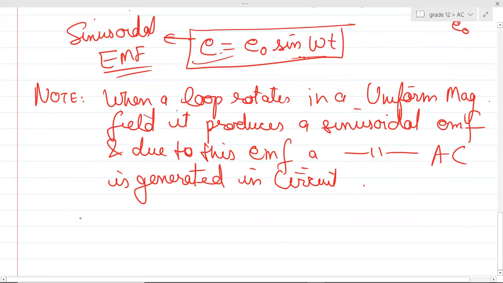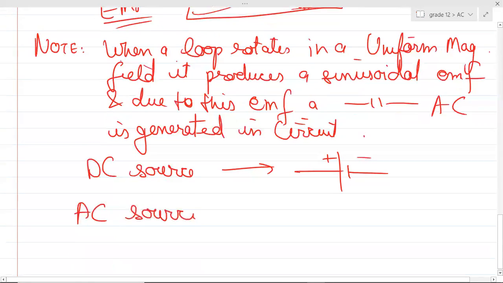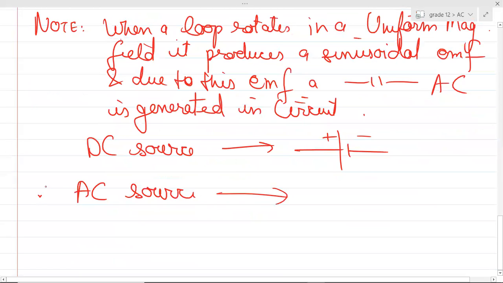Anyways, about the AC source, do you remember, guys? A DC source has a symbol in an electric circuit. A DC source, a battery, looks like this: positive, negative, right? Similarly, an AC source also has a symbol.